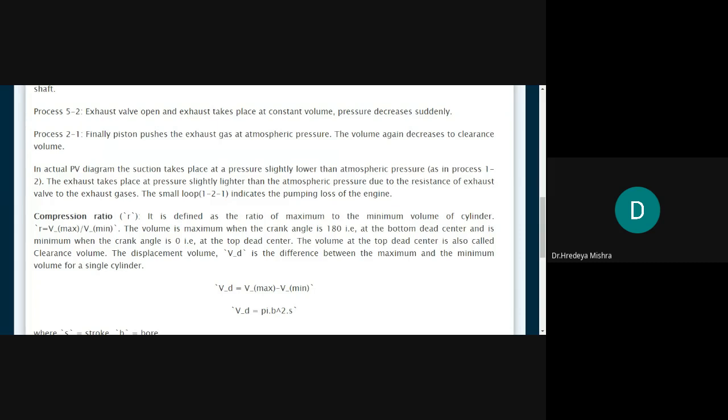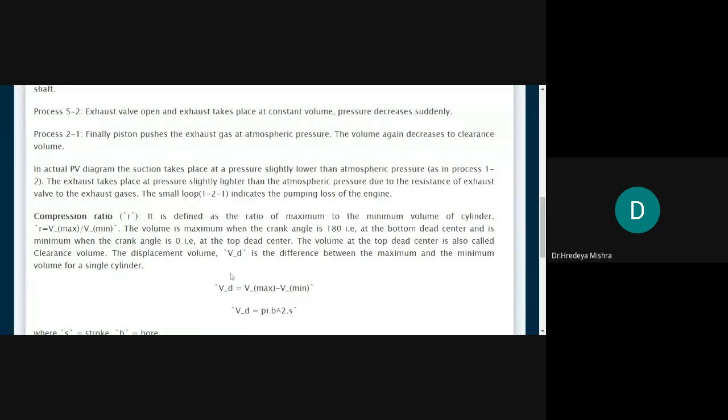The volume is maximum when the crank angle is 180, at the bottom dead center, and it is minimum at the top dead center.